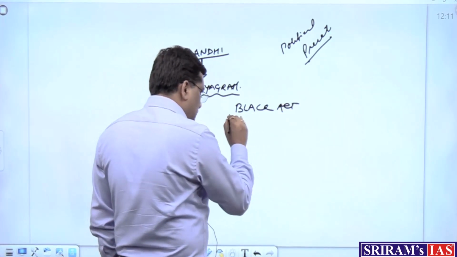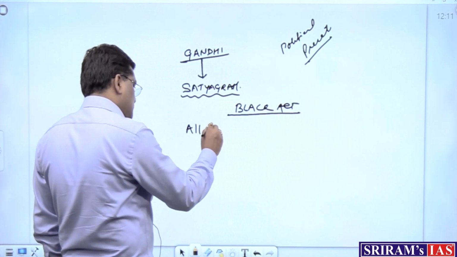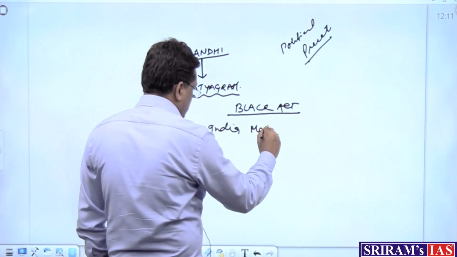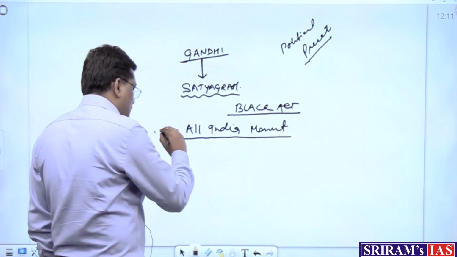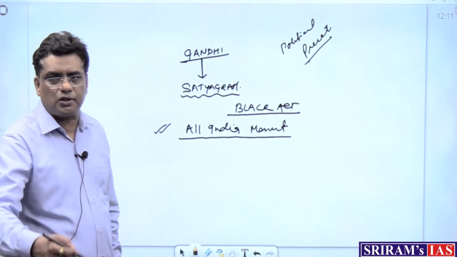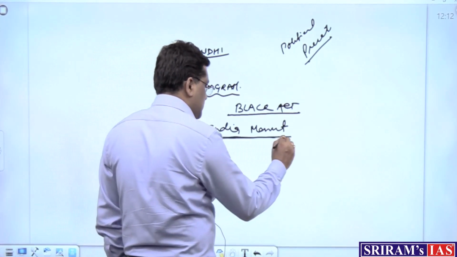And Gandhi decided to go for an All India movement for the first time. So the Rowlatt Act was the first All India initiative taken by Gandhi. This question was asked a few years back. So the All India movement had started.